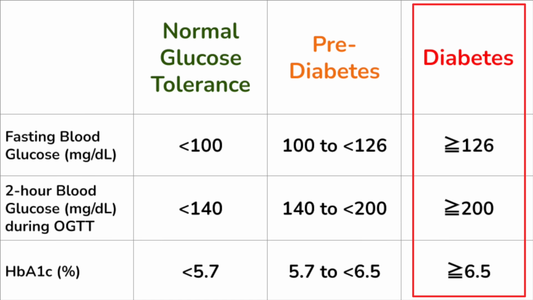If the test results come back totally in the diabetic range, let's say HbA1c of 8.5, fasting glucose of 165 milligrams per deciliter, and 2-hour glucose in the OGTT of 320 milligrams per deciliter, they would diagnose this as diabetes and start treatment right away.